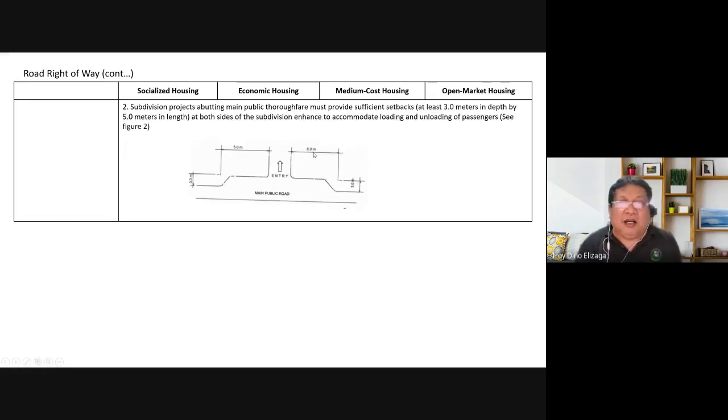On the main public road, especially because you are going to design also the gate of the subdivision, you have to allow a shoulder for the jeeps or for cars for drop off.